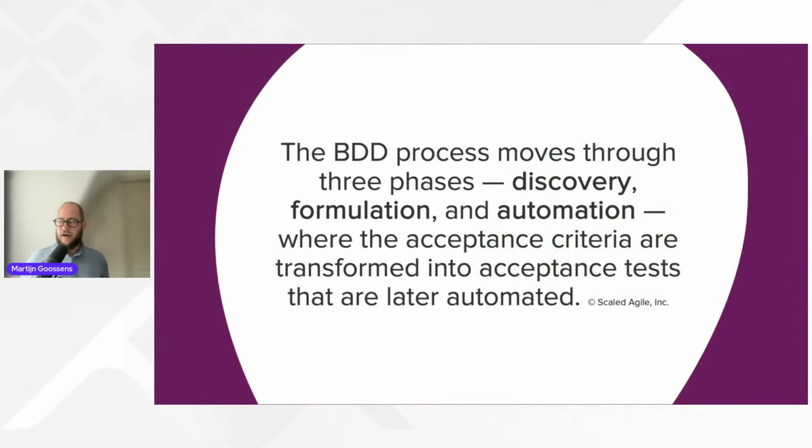So BDD is defined by Scaled Agile as the process that moves through three different phases: a discovery phase, a formulation, and automation, where the acceptance criteria are transformed into acceptance tests and later automated. I think most of you will recognize this flow, right? You get a product backlog item, you try to understand what it actually says, and then we go ahead and code it in whatever cool framework that you're building on now.